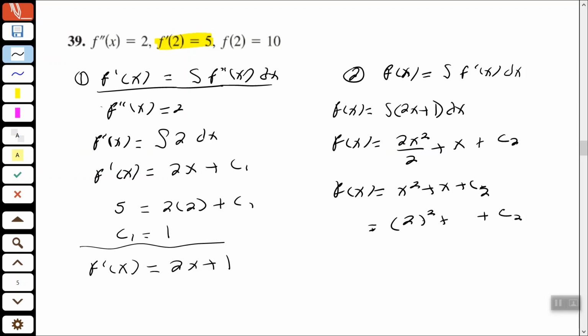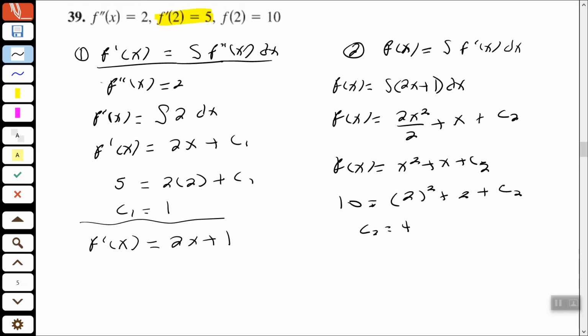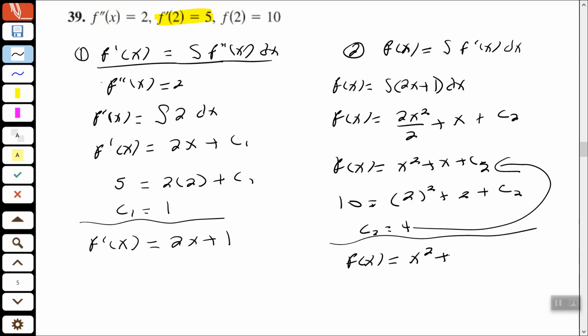X is equal to 2 and f of x is equal to 10 there. All right, so you have 2 squared plus 2, so 4 plus 2 is 6. Subtract 6 from 10 and you get 4. So c sub 2 equals 4. And we take that c sub 2, plug it back in for c sub 2 in that function. That tells us that f of x equals x squared plus x plus 4 with that given information.